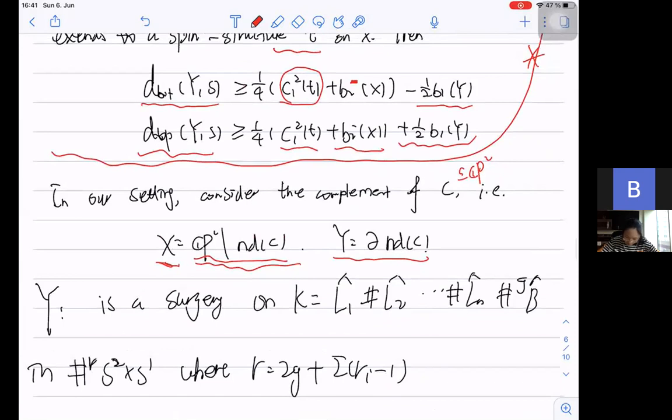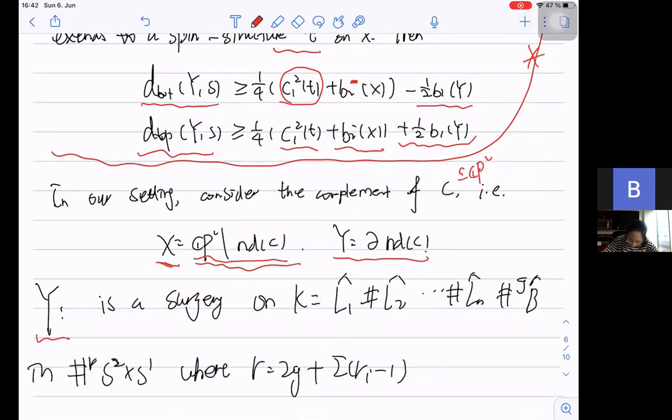So we need a good description of the three-manifold Y. Y here is the boundary of the neighborhood of the complex curve. This complex curve has singular points z_1, z_2, ..., z_n, which give the links of singularities L_1, L_2, ..., L_n, and it has genus g.